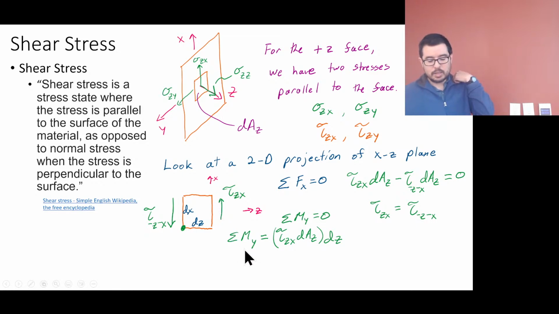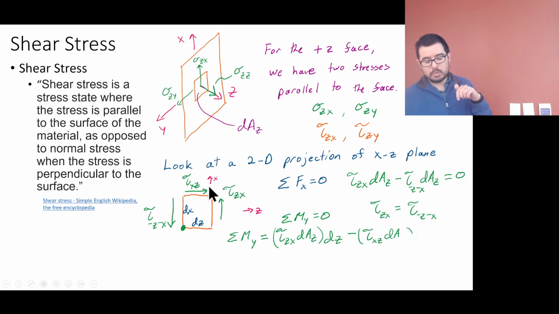Then I start summing up, and the moment about y is coming out of the page at me. So what am I going to do? I need something to compensate for that, something to keep me from spinning.